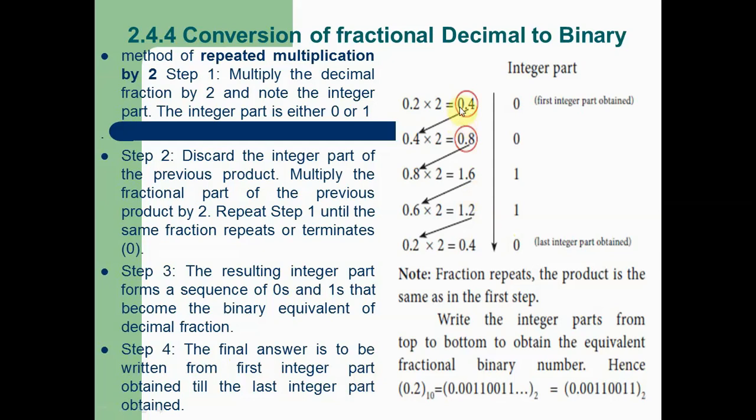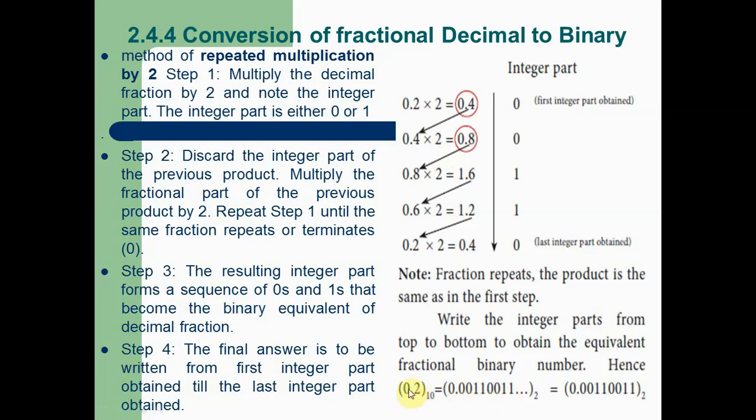The first integer part is 0, and the last integer part is 0. So arrange these numbers from first to last: 0 0 1 1 0. Now the binary value for the fractional number 0.2 should be written in this format.